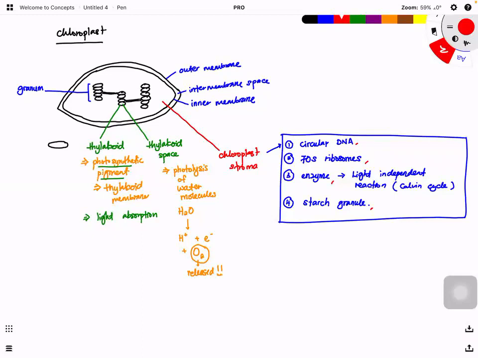To produce the photosynthetic product like glucose or starch, we have to look at the chloroplast stroma, which contains circular DNA, 70S ribosome, enzymes, and starch granule. The enzymes are involved in the light-independent reactions, known as the Calvin cycle.